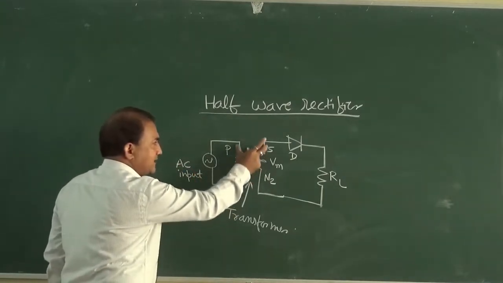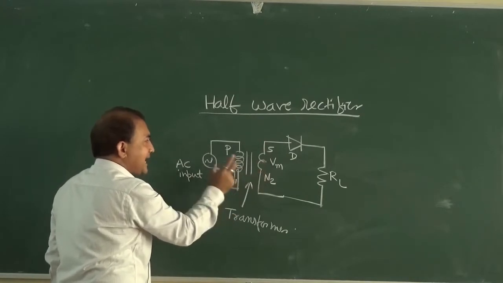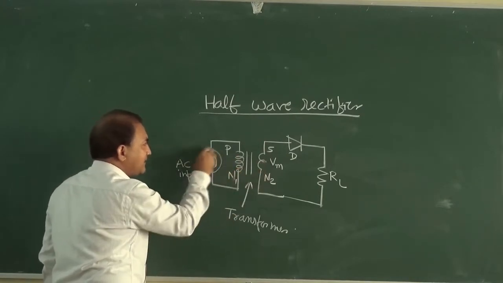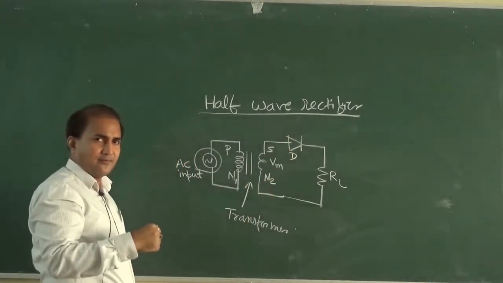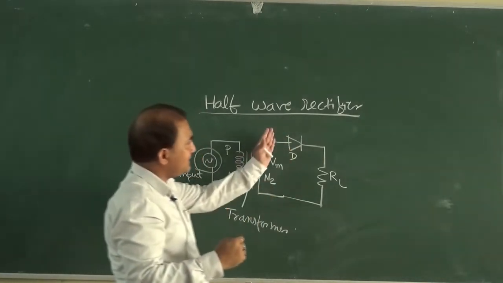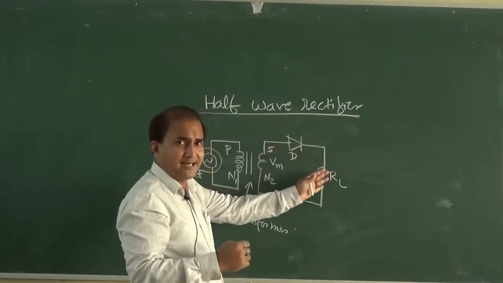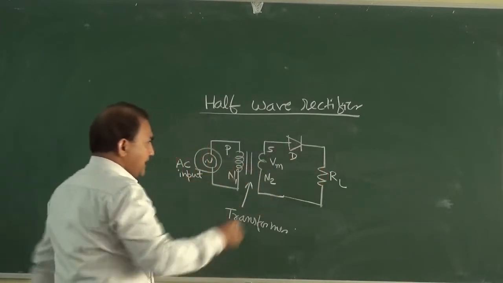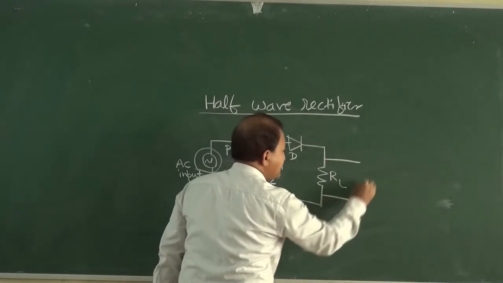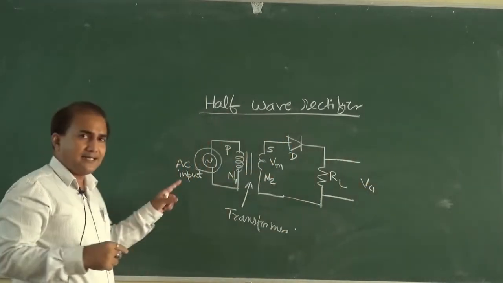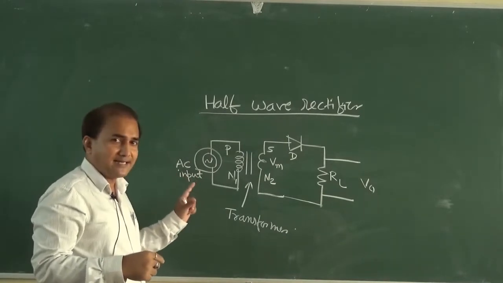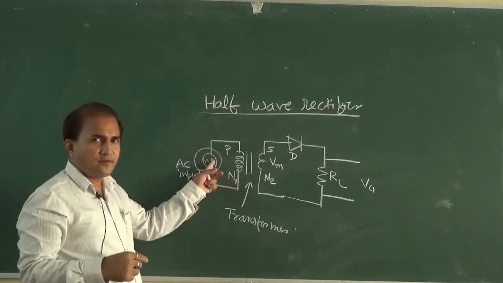This transformer provides isolation between this AC input and this rectifier circuit. Rectifier circuit consists of this diode and this RL, and this is V out. So this is the diagram of a half-wave rectifier circuit by using transformer.